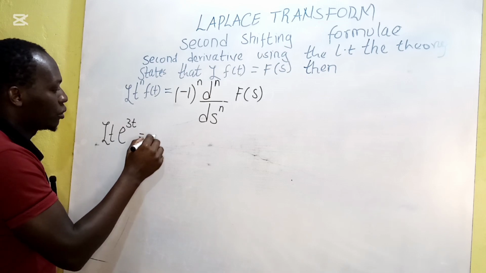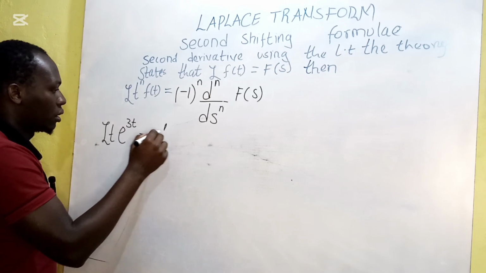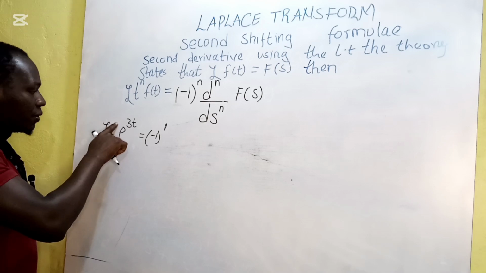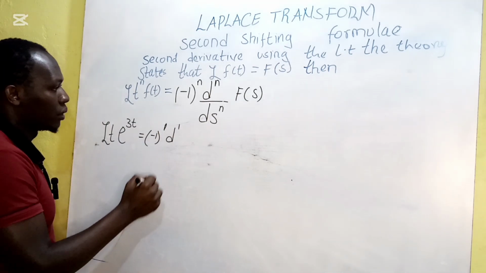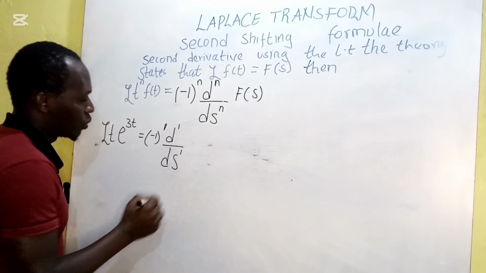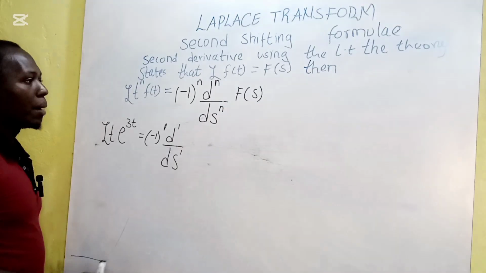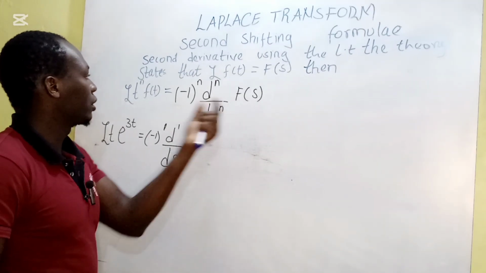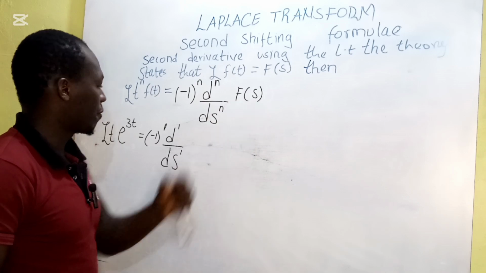To mean that we are going to have negative 1 raised to a power of 1, d to a power of 1 over ds to a power of 1. We multiply by the Laplace transform of our function f of t, that is the reason we are having F of s.